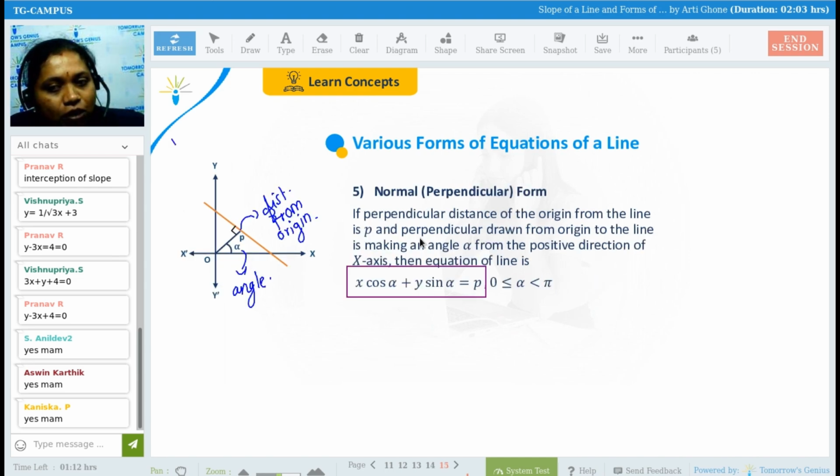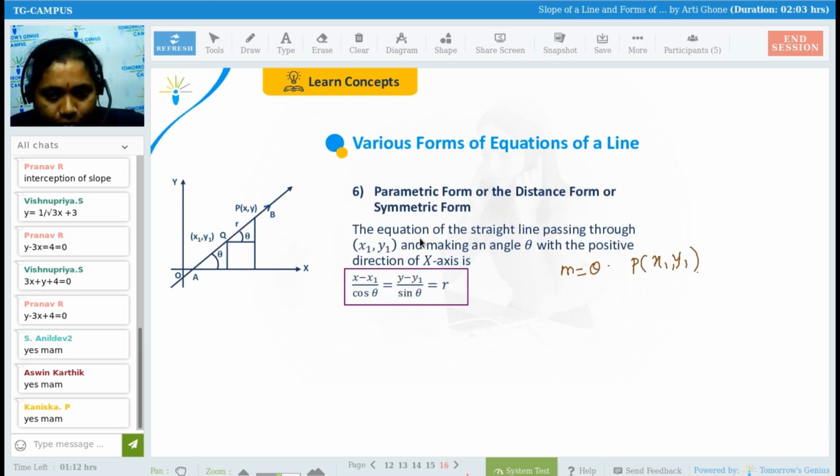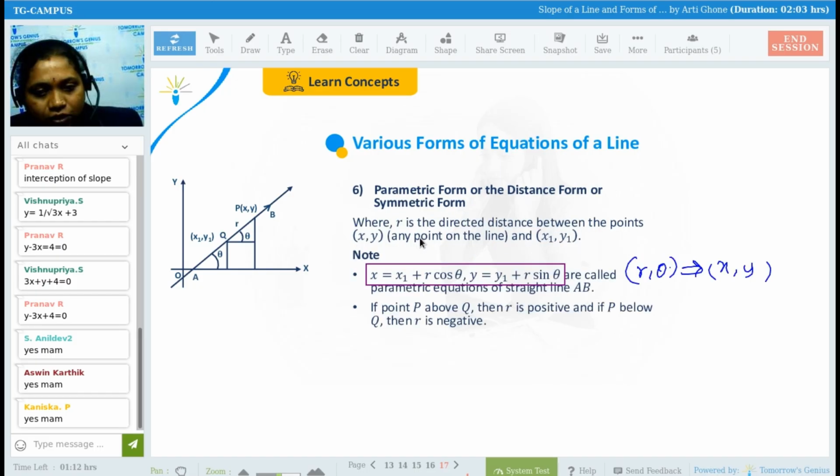Fifth form is the normal or perpendicular form, which is x cos alpha plus y sin alpha is equal to p. And sixth form is the parametric distance or parametric form, which is x is equal to x1 plus r cos theta, y is equal to y1 plus r sin theta. These are the 6 important forms of the equation of a line.